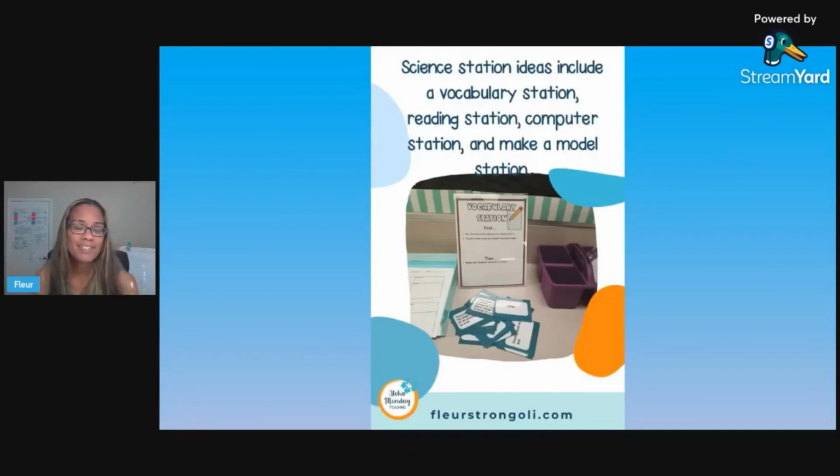And stations, this is one of my favorite ways to have students practice knowledge, but you can do this during Explore. You can also do this during Elaborate. I know Kessler Science uses this during his Explore step. So you could do a vocabulary station, reading station, computer station, make a model station, any station you can come up with that students can use to explore the topic that you will explain the next day or later that class period.